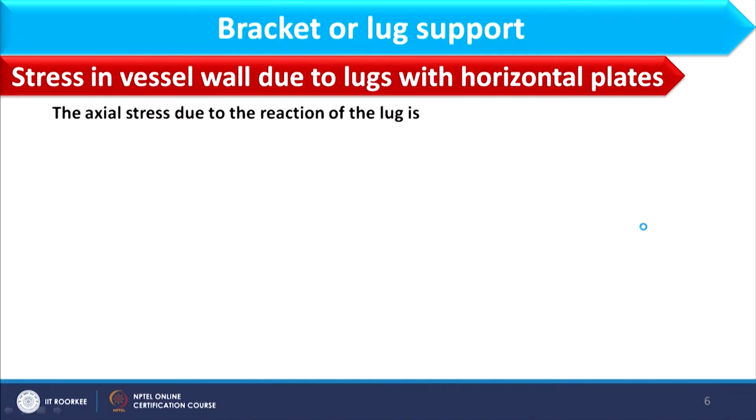We have seen the total load which is acting on each lug, and then we can discuss the stress in the shell due to these brackets. That will be given as the axial stress due to reaction of the lug. First of all, you should understand that once I have the vessel and below it we have the support, this vessel will put compressive load on the support.